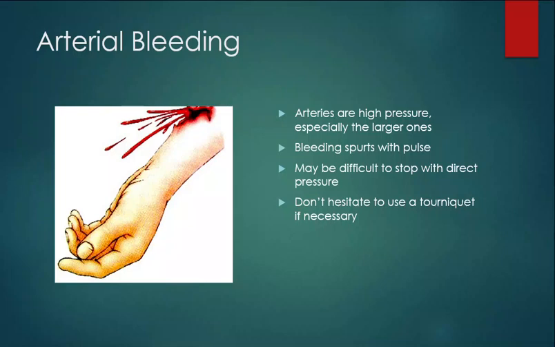Mm-hmm. What color are those blood cells? Red. Bright red or dark red? Well, it depends on which stage of gas exchange they're at. Excellent. The right answer is either it depends or yes, okay? So if you've got a lot of red blood cells that are coming through in that area that are low in oxygen, they're going to be dark. Okay. If you have a lot of cells that are traveling through that are high in oxygen, they're going to be bright. But again, the majority of the fluid that you're going to see, just like Austin says, is going to be that plasma that comes into play.